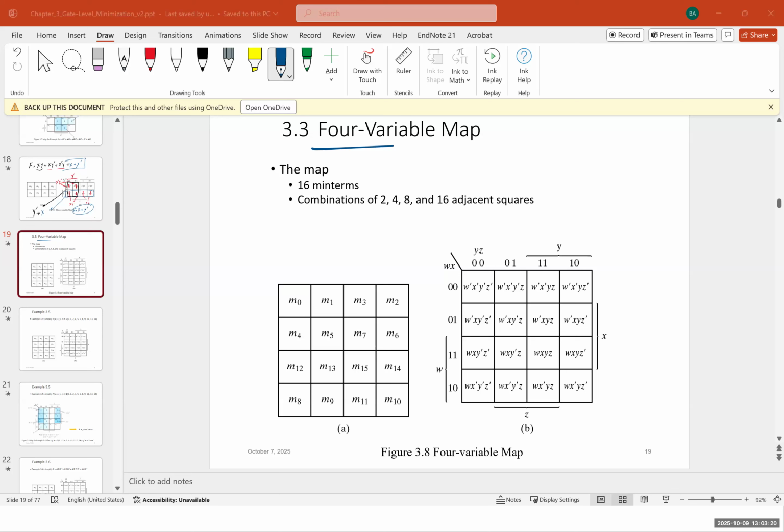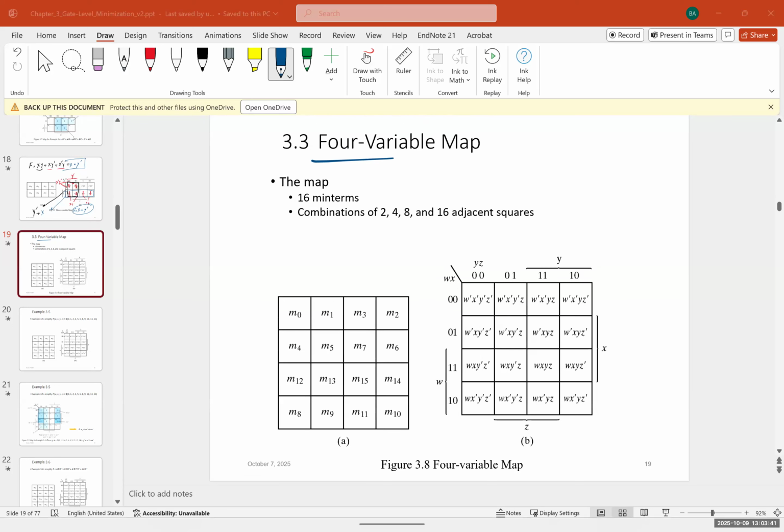And if we have time, we will continue with the prime implicant and also the don't care situation, and the complement, De Morgan's law, and so on. So without further ado, let's start with the 4 variable map.